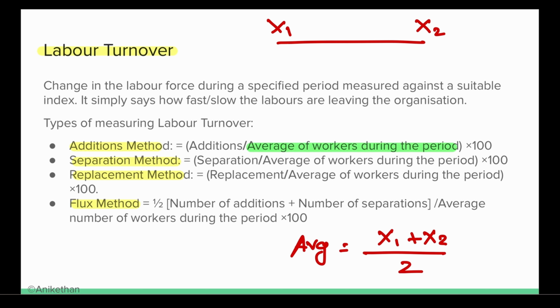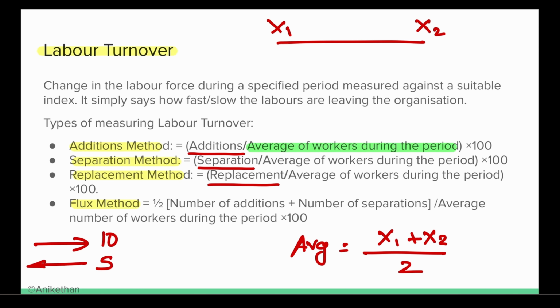When we take the different methods, in the addition method you have the number of labors added. In the separation method you have the number of labors separated. Separation means leaving the organization. In the replacement method, it is the number of people replaced. For example, 10 people joined the company but 5 people left the company.